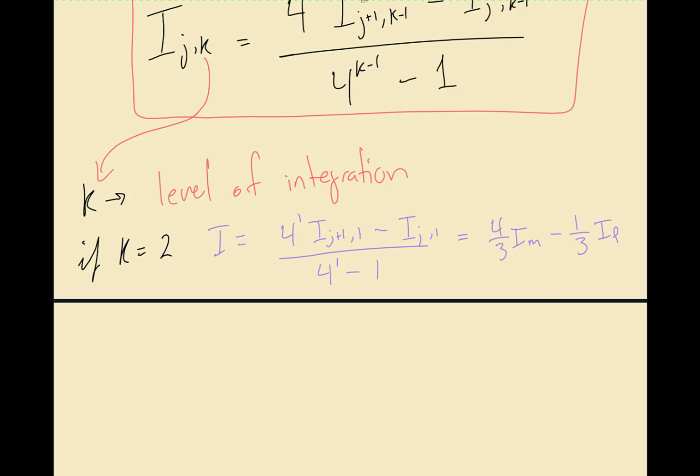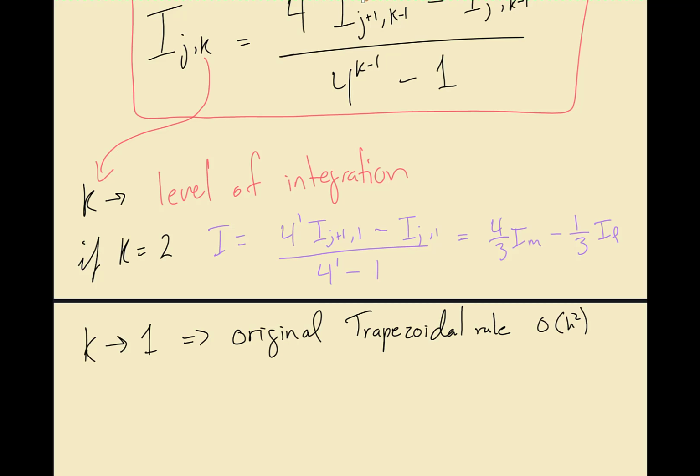Okay? So if you're doing k equals 1, it's basically the original. We're not actually doing any iterations of Romberg. It's just the original trapezoidal rule, and the order of the error is h squared.